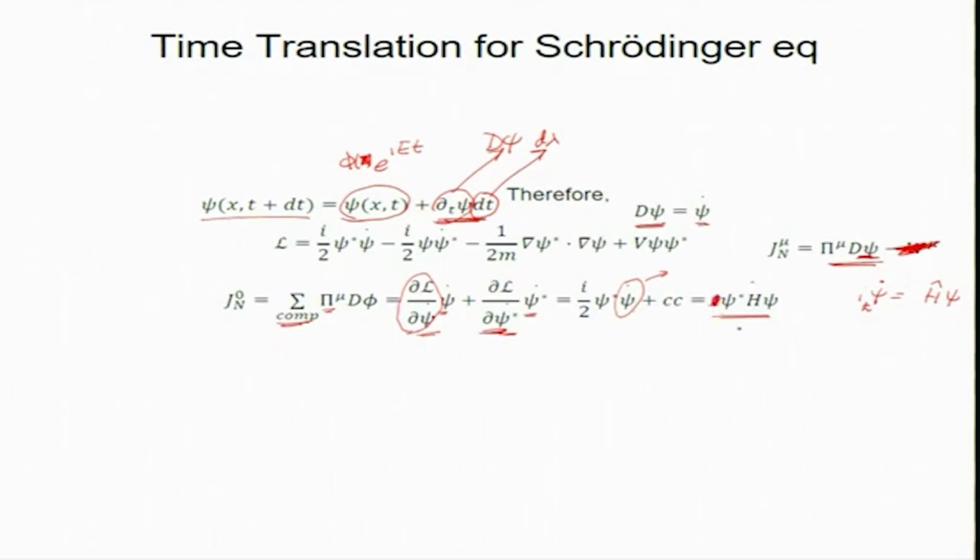So psi star H psi plus, if you like, you can put half of psi H psi star, but they will give you the same, this is a real quantity. So this is my current, this is not energy yet. This is a current J0.